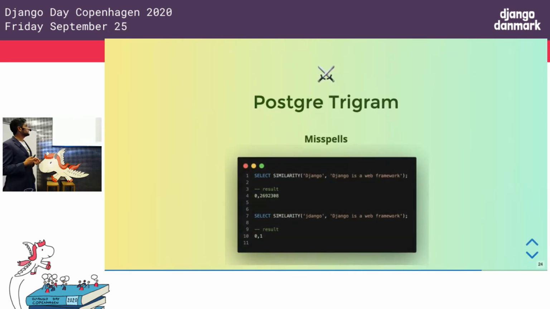So let's make another example. If you search the string Django in the other string, Django is a web framework, Postgres is going to apply the same transformation to both strings, and then check the number of trigrams that are the same over the number of total trigrams that you have in both the strings, and then give you a similarity score that is just the proportion between trigrams that are the same and the total trigrams of the strings.